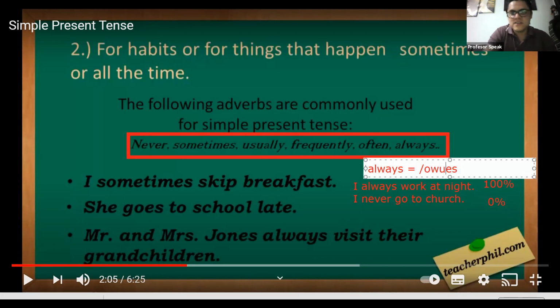You do not pronounce the letter L. So you don't say always, you say always. Repeat after me, always. Okay, always, very good.